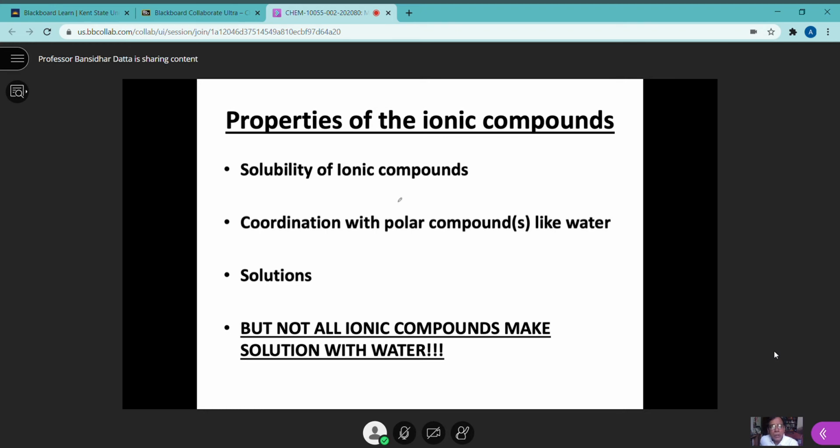Now, once again, when an ionic compound, any kind of compound, is added to a solvent like water or something else, and if it doesn't completely dissolve, completely gone like sodium chloride, they make a solution.